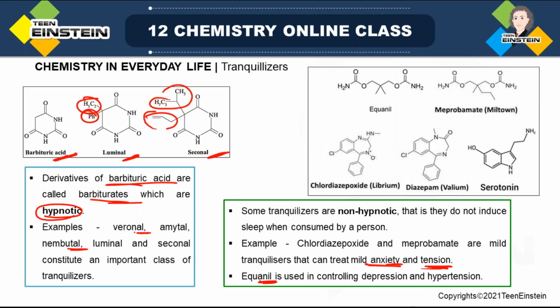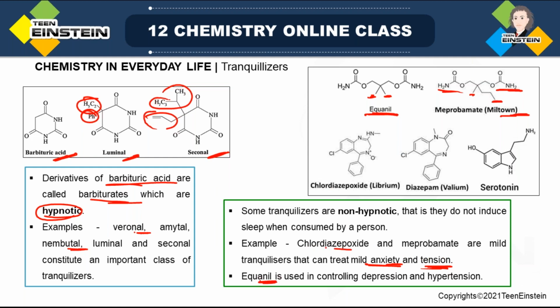Here you can see the structure of meprobamate, where on both sides there is OCONH2, and we have a methyl group and a propyl group. You can find similarity with the structure of equanil. The basic structure is the same, only these 2 substituents are now both methyl. So equanil and meprobamate have some similarity.